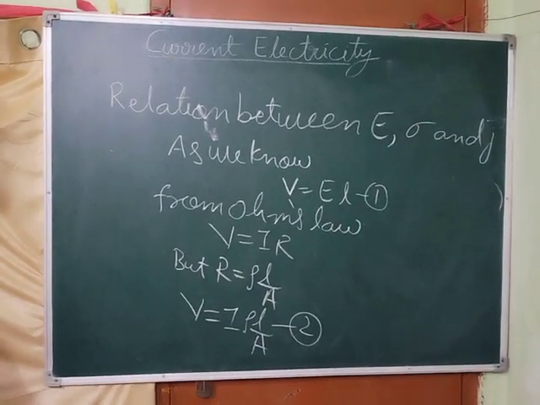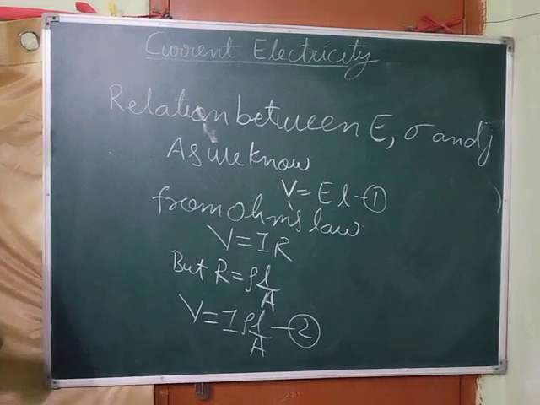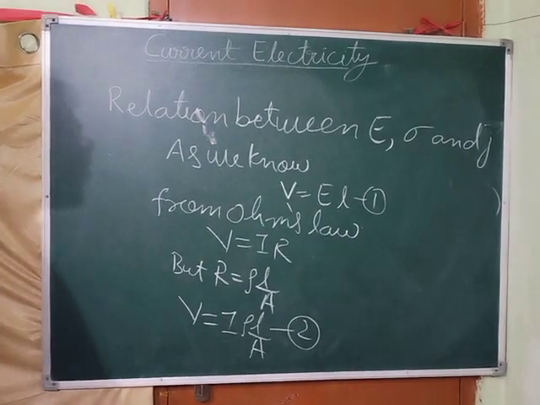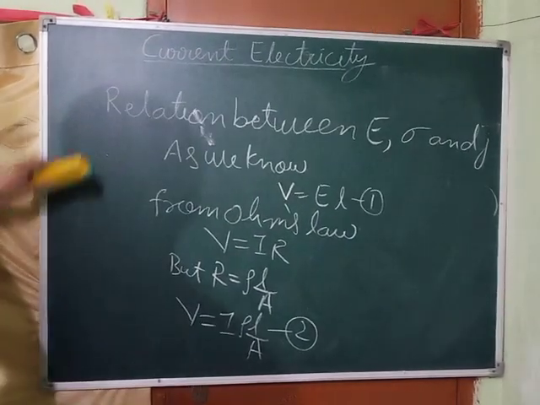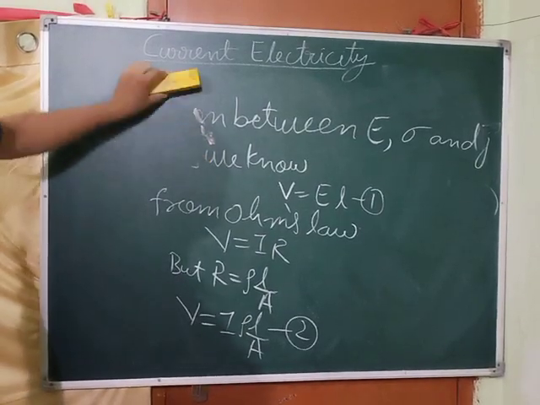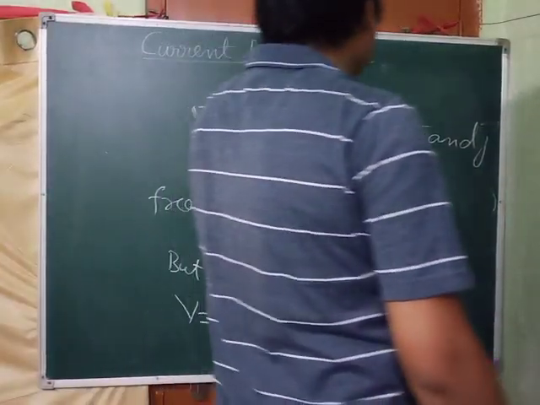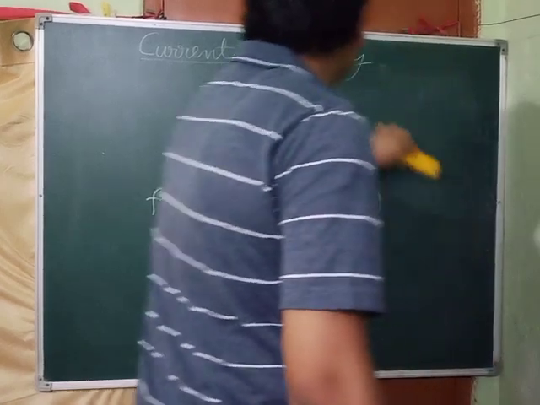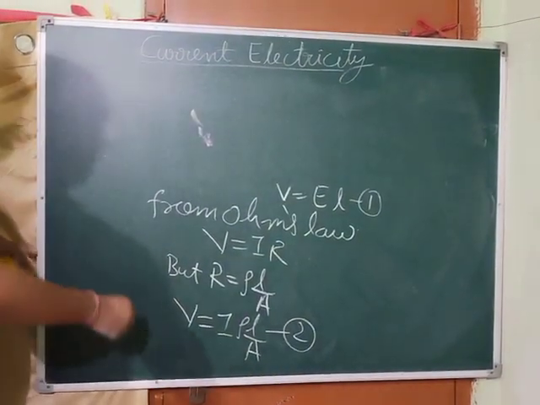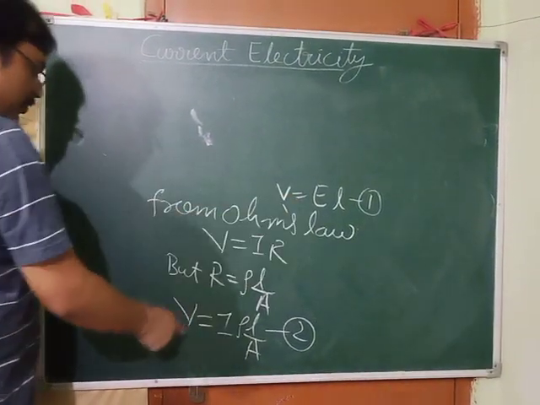Now, after this, you write from equations 1 and 2, we get, let's see what we will get. We can put this value of V over here.